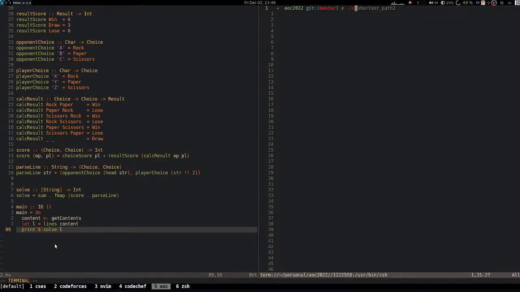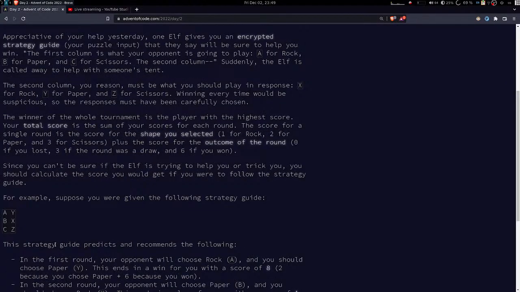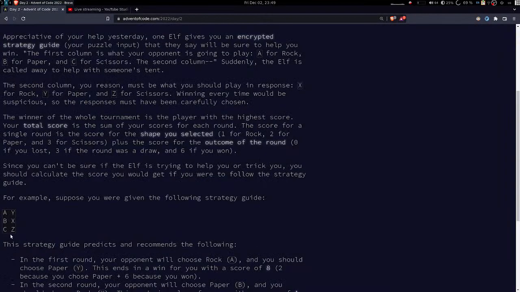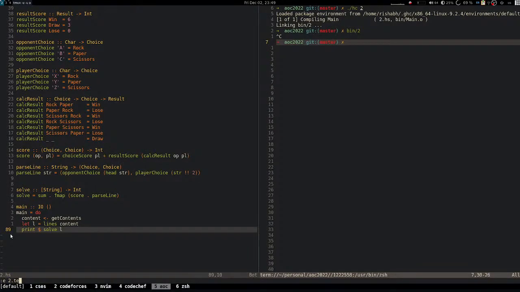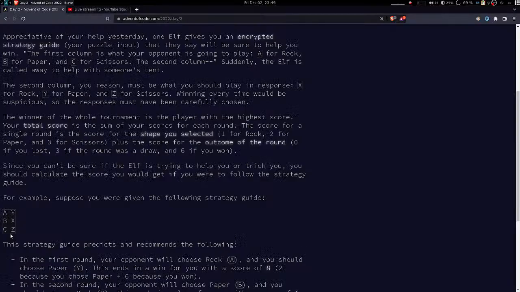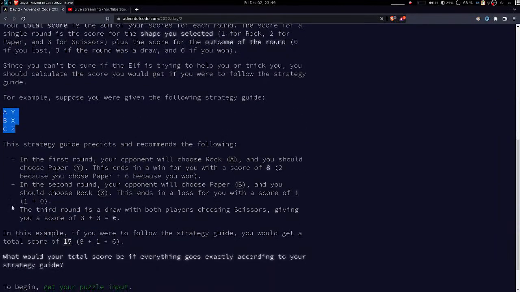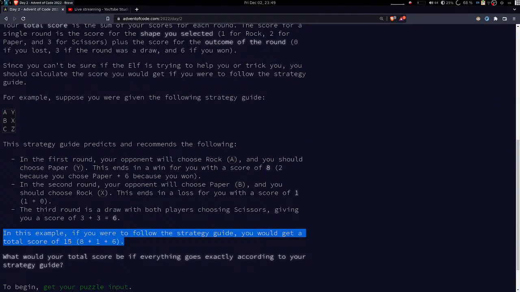So, dot slash HC, that's the Haskell compiler for me, and it's like two, and I can just have two dot example, something like that, where I can just copy paste it for my purposes. Example: it's 15 and the answer should be 15, right?